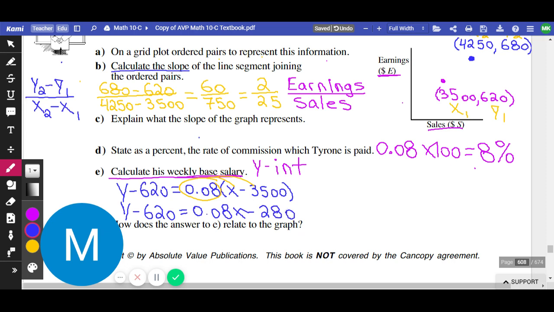My last step would be to add 620 to both sides. I'm running out of space, but add 620 to both sides. And you get an equation of y equals 0.08x plus 340.